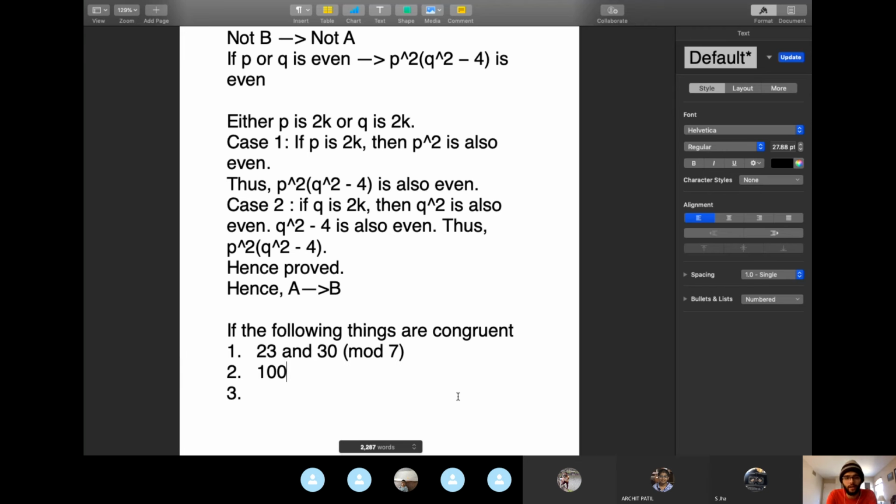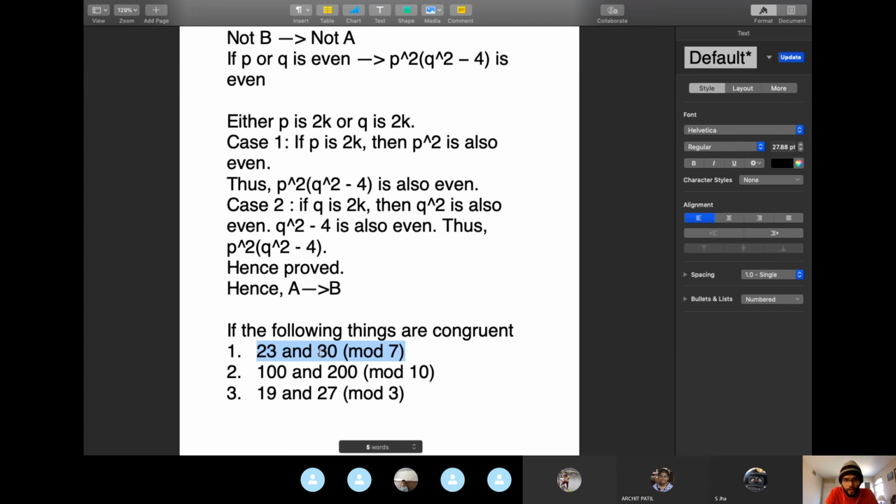Next one, 100 and 200 from the point of view of 10. And the third one I want to give is 19 and 27 mod 3. Okay, the first case, are they congruent to each other when we look at them from mod 7?